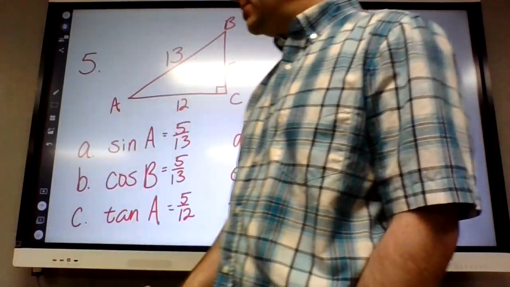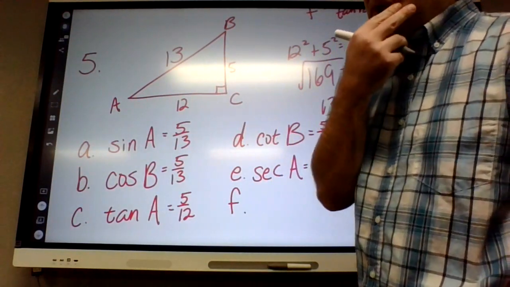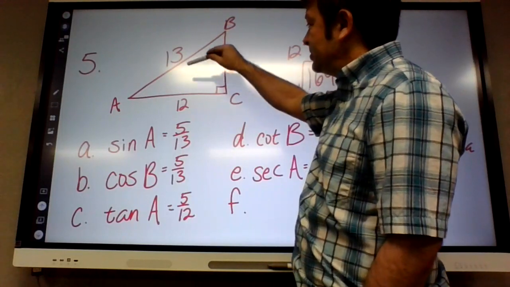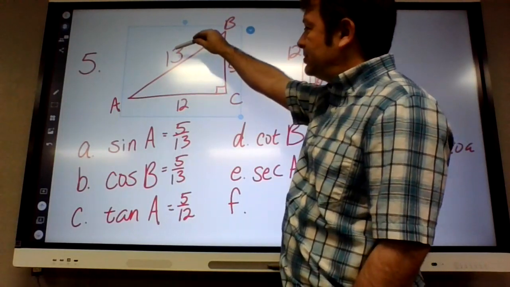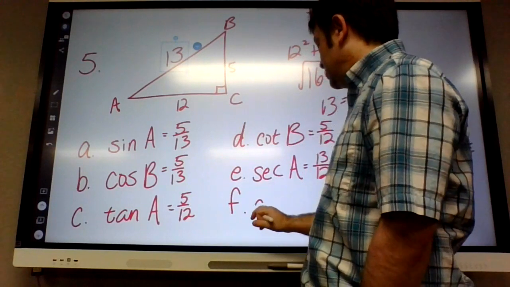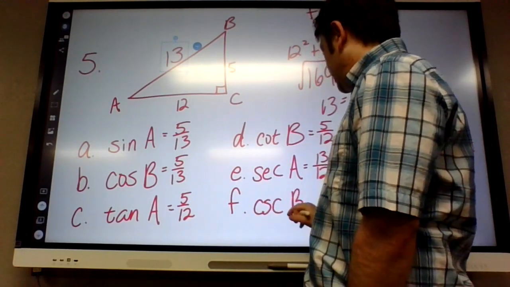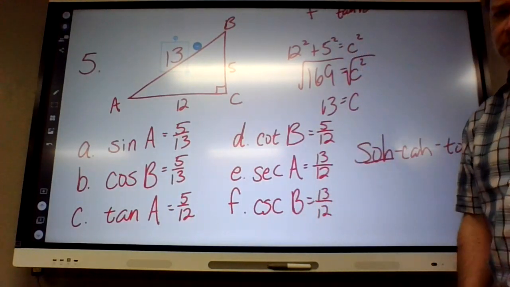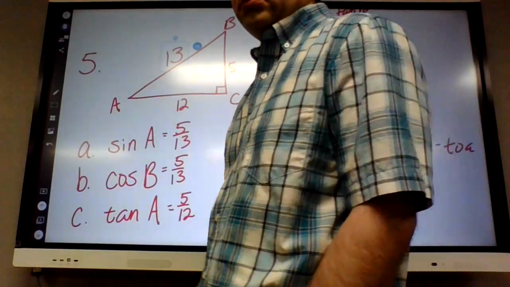Cosecant is the reciprocal of sine. Sine of B would be opposite over hypotenuse, 12 over 13. So cosecant of B would be 13 over 12.